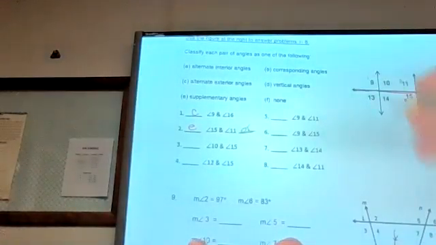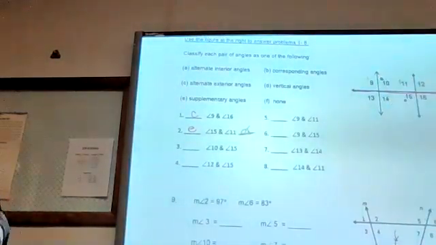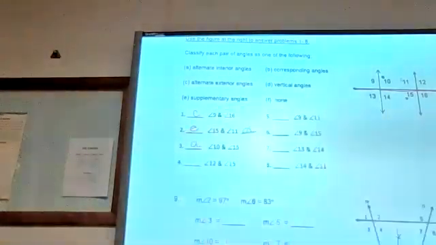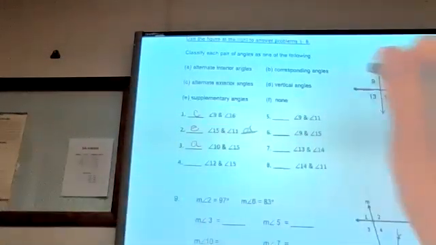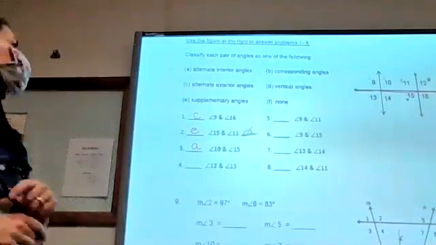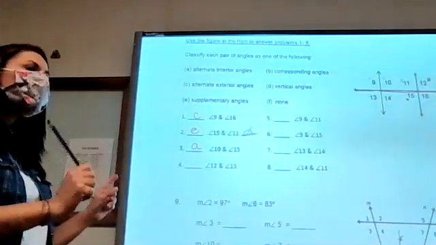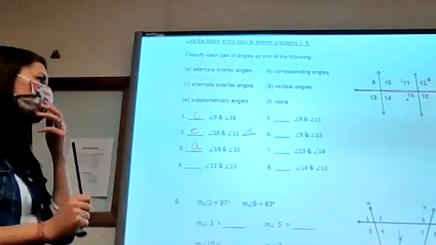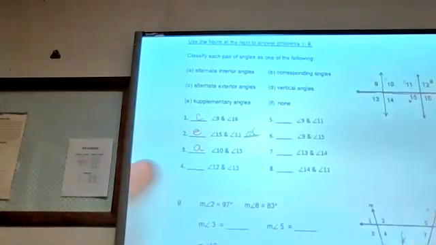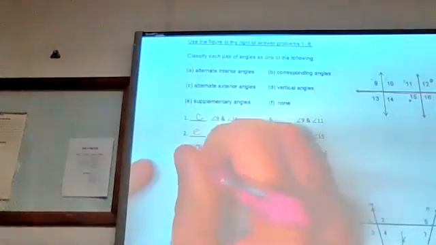Now switching from 11 to 15 to 10 and 15, what is their relationship? Alternate interior angles. These would be A. And now still 15, but looking at 12 and 15, what's that relationship? Vertical angles. Again, nothing to do with parallel lines. Vertical angles always exist. 12 and 15 are vertical angles, which is D.